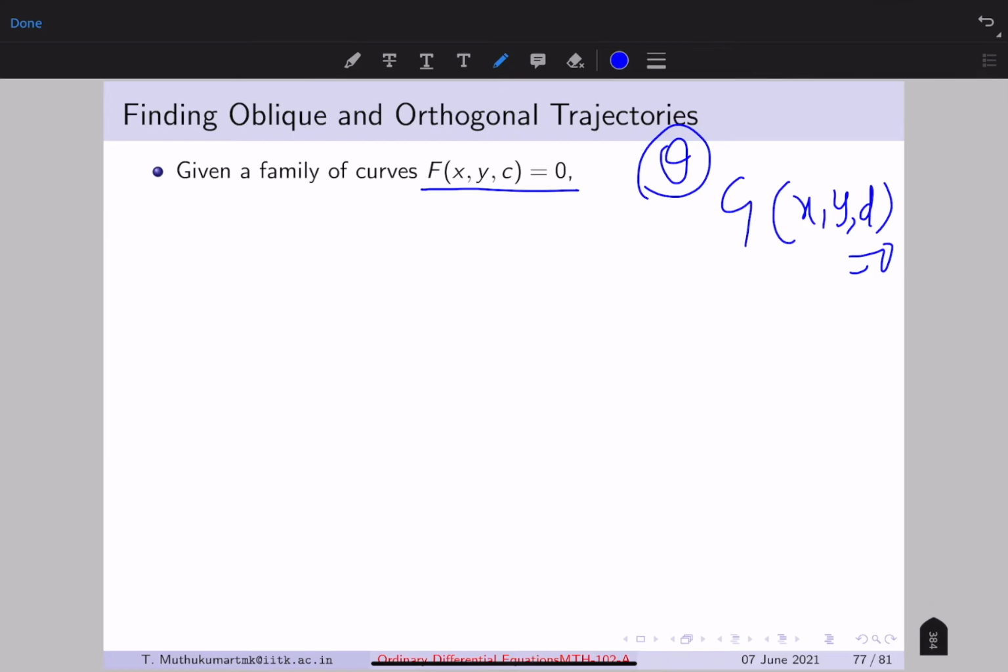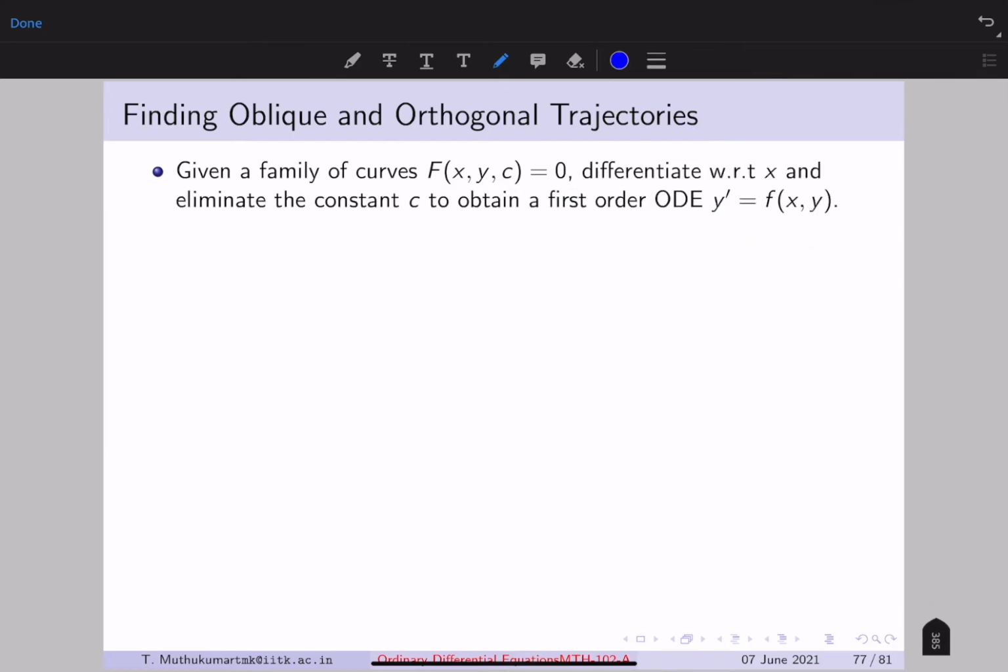And that's where the differential equation comes in. For that, you are given a family of curves, you differentiate with respect to the x variable and eliminate the constant, which is the parameter that you have, and you obtain a first order ODE.